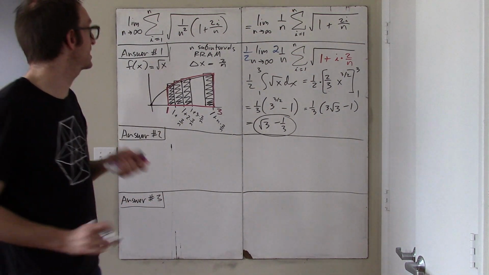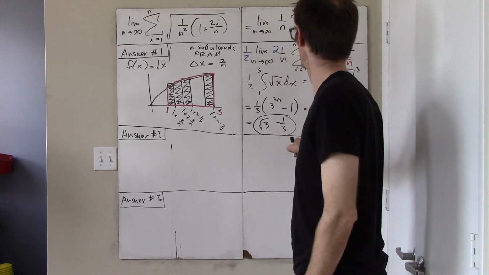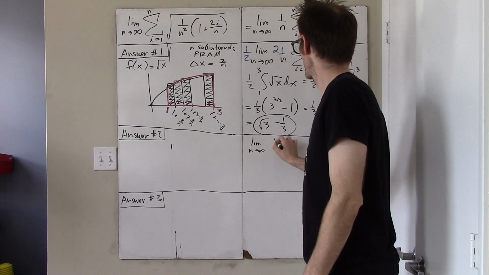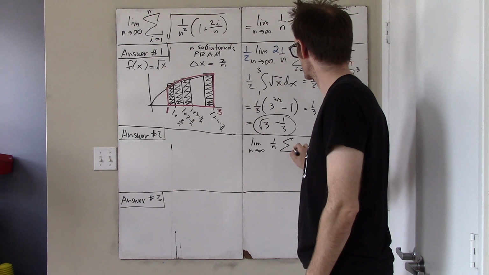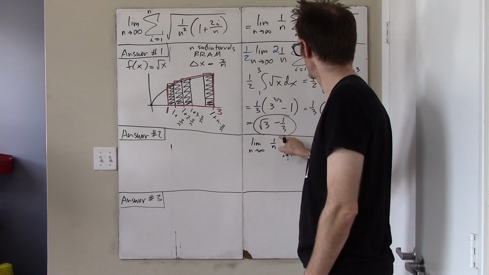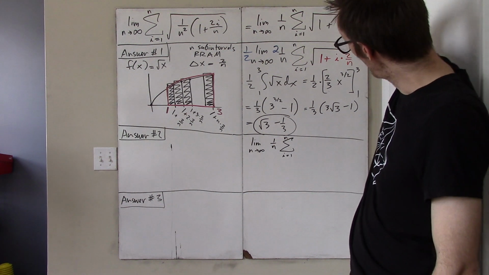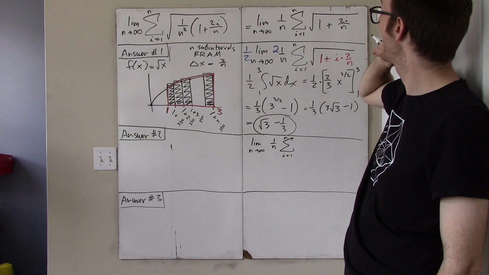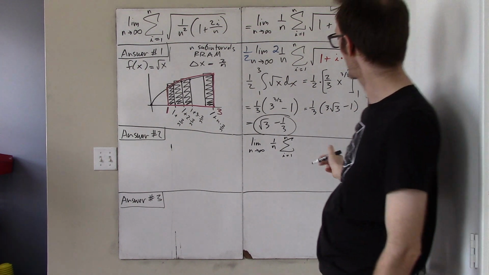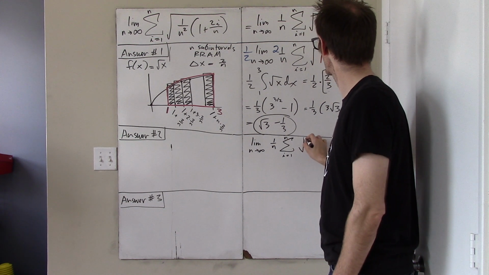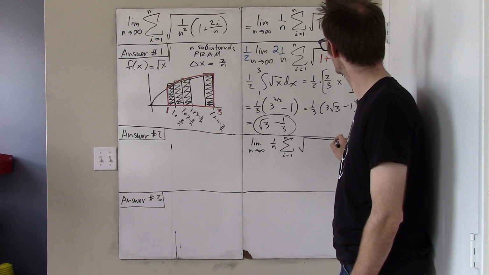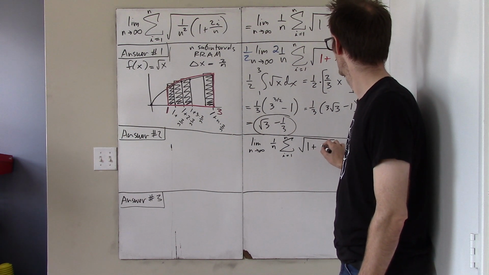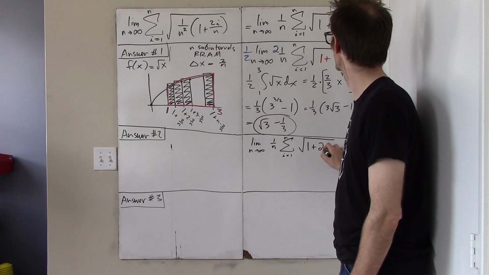Well, I think it's perfectly legitimate, and I'll rewrite over here what's going on. This is the limit as n approaches infinity, going back to this step of 1 over n times the sum from i equals 1 to n of. Now, perhaps when you looked at this, you saw this differently. Perhaps what you saw is the square root of 1 plus, no, sorry.